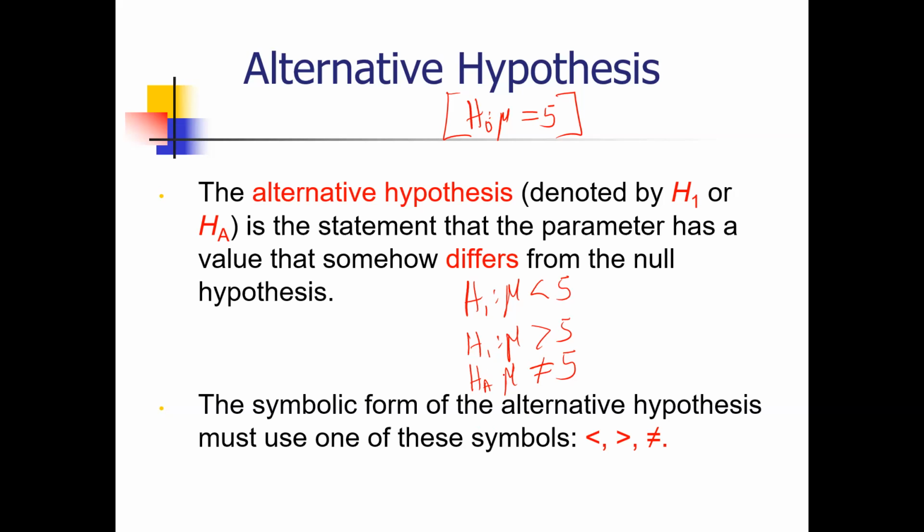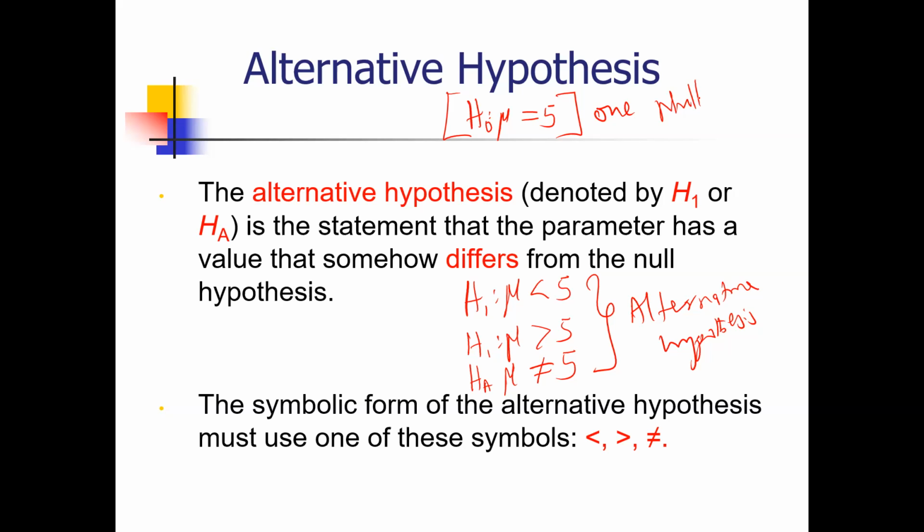I deliberately use HA here. You use HA or H1 for the alternative hypothesis, and I use H naught for the null hypothesis. These are the 3 different ways of writing the alternative hypothesis, but there is only one way of writing the null, and this is the accepted standard.